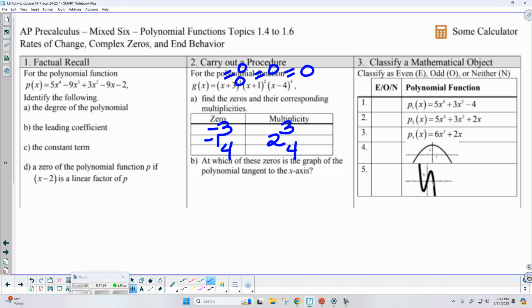Negative 1 and 4. Why? Because both of those have an even multiplicity. Remember, if it has an even multiplicity, it will not cross at that location. If it has an odd multiplicity, it will cross the x-axis. Okay?